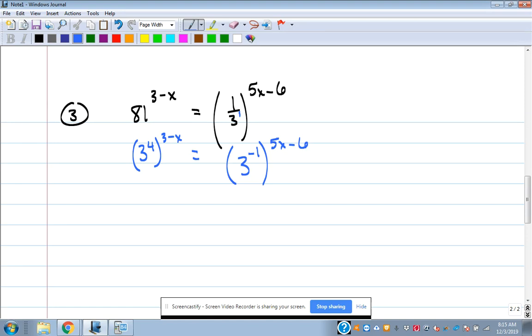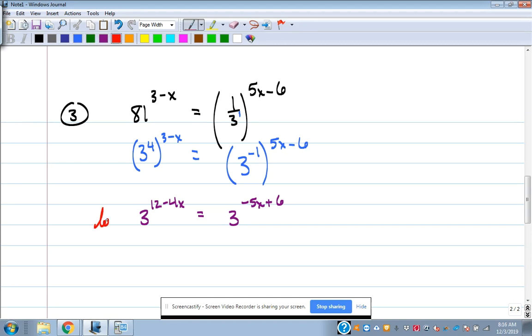That idea. Okay. Now, what's the rule for the parentheses and the exponents? Multiply them. So that's going to be 3 to the 12 minus 4x and 3 to the -5x plus 6. What gets rid of those 3's?